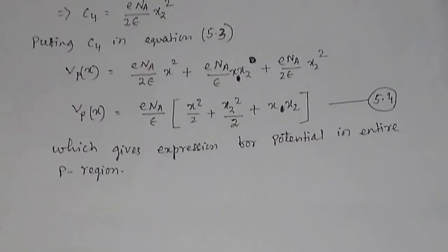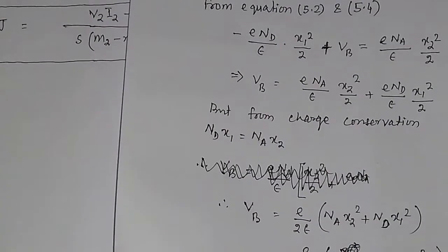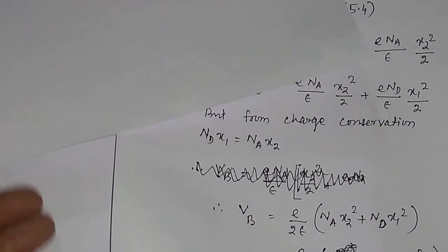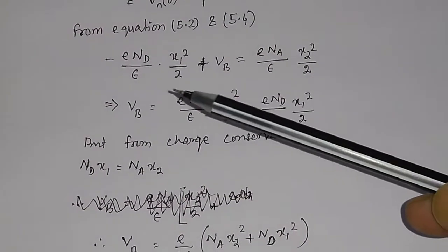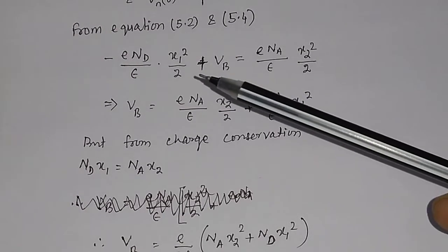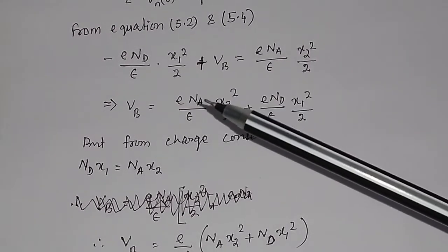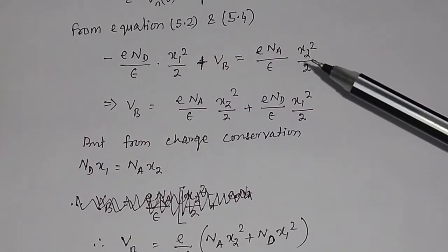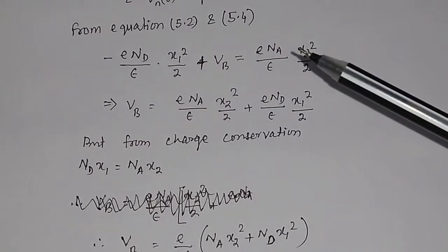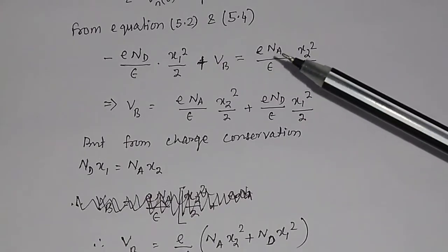So you see here I have taken the equation: this is for the n region at the depletion junction potential, and this is for the p region at the junction potential. So this will be equal to this.